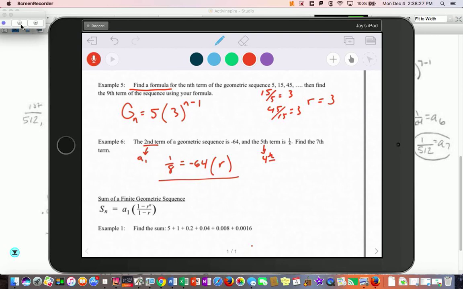So right now this formula looks like it's finding the fourth term, so I could call it the 4 minus 1 power. So if I solve this, I would take and divide both sides by negative 64.